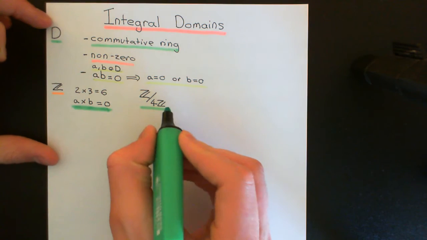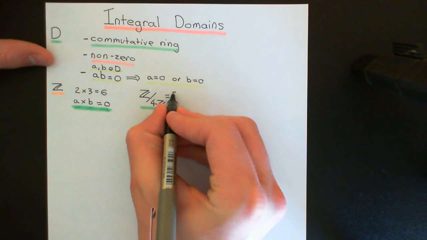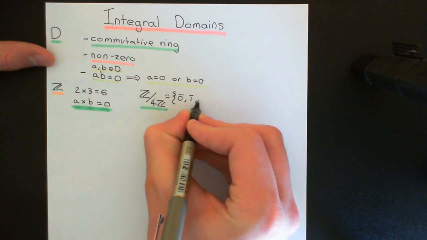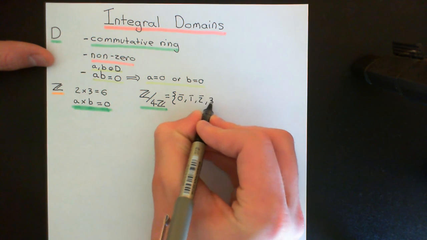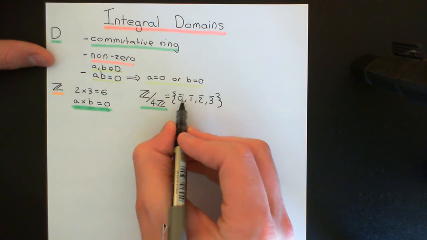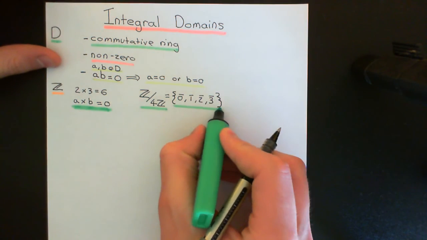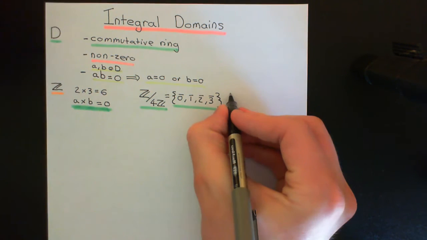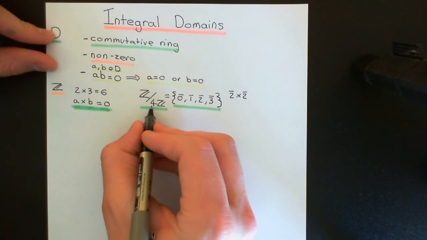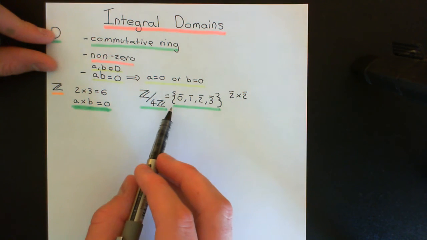Okay, now we have studied these number systems. In this case, it will consist of the cosets, which will be 0 bar, 1 bar, 2 bar, and 3 bar. Okay, so here are elements of Z mod 4Z. These are the cosets containing 0, 1, 2, and 3 respectively. Okay, now if we consider what 2 bar times 2 bar in this Z mod 4Z ring here is, and I should stress this is still a commutative ring, it's a non-zero ring.